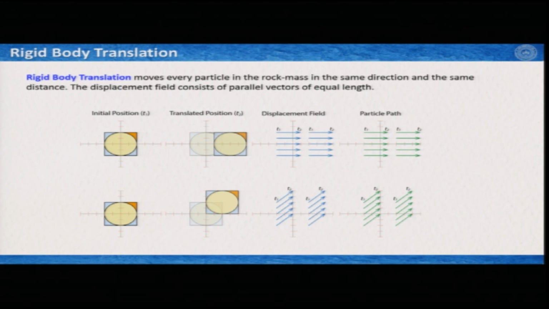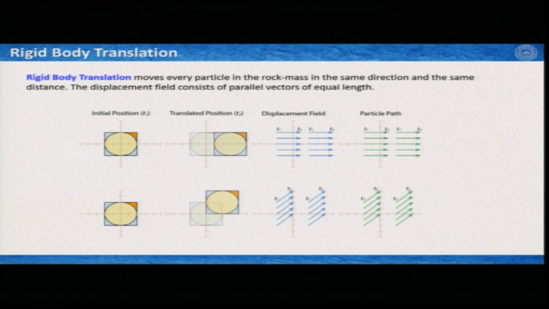I have 2 examples here. In the first column, we have the initial position or initial form or initial shape of this object. I have a coordinate frame, and then I have a circle inscribed in a square. To mark the orientation, I have made one end of this square orange.